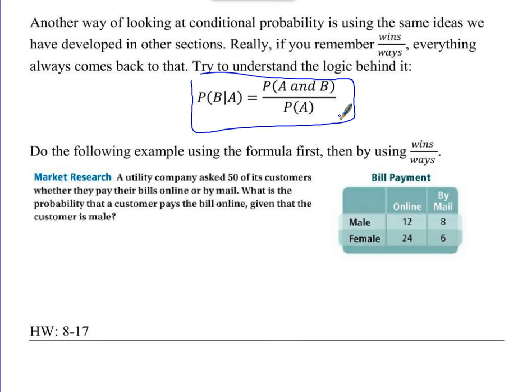Here we go. A utility company asked 50 of its customers whether they pay their bills online or by mail. What is the probability that a customer pays the bill online given that the customer is male? Let's do this problem the way that we know how to do it. We're told the customer is male, so we're looking strictly at males.